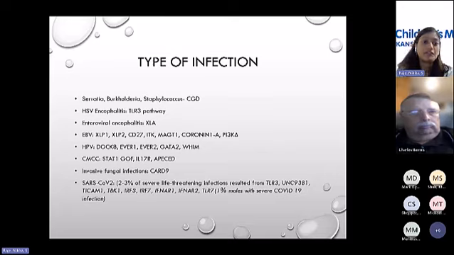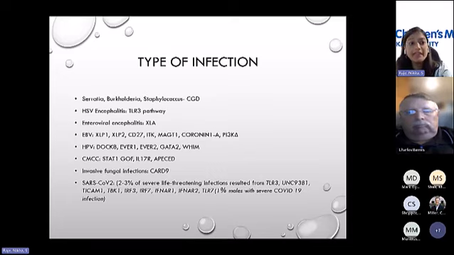Invasive fungal infection, if you see one, think about CARD9 defect. There aren't many IEIs that are yet known, but I'm sure they are out there that we are not aware of yet. And then SARS-CoV-2 was a lesson in immunology, a real life lesson for all of us.